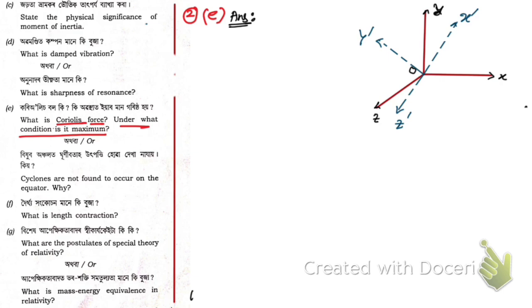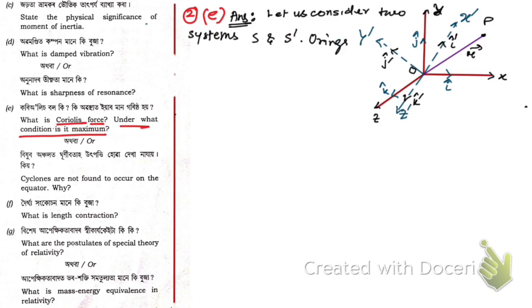Unit vectors along the x-axis are i cap, along the y-axis j cap, and along the z-axis k cap, and the unit vectors along x dash are i dash cap, along y dash j dash cap, and along z dash k dash cap, right? Suppose we have a point P here, and its position vector is r. So here is the position vector of P, r vector, right?